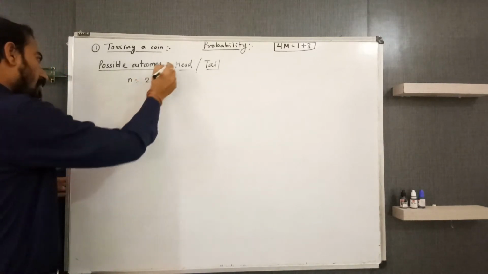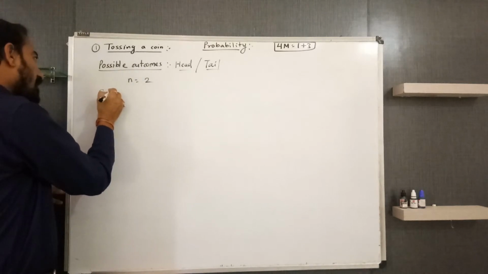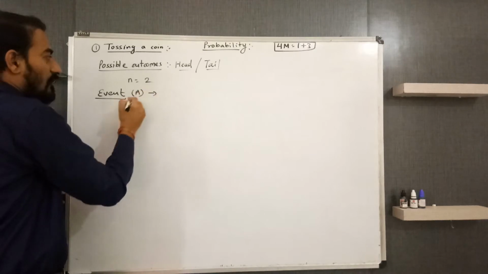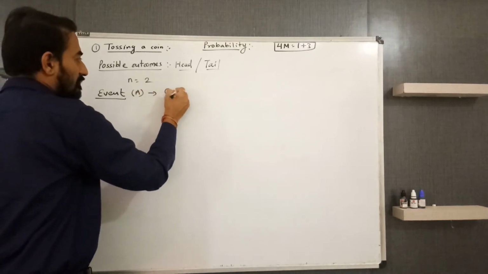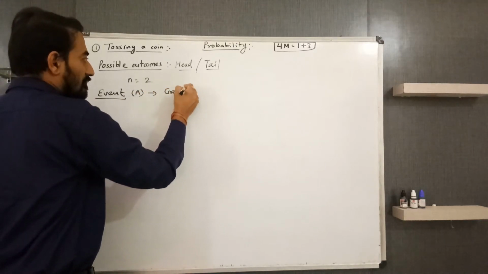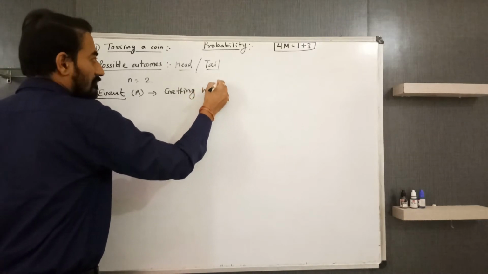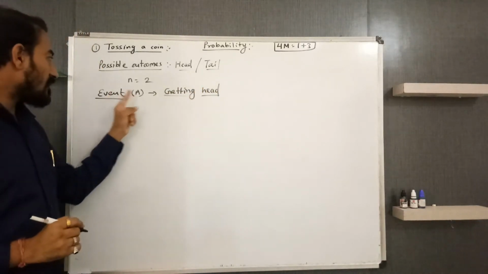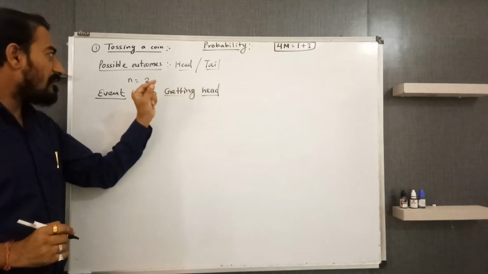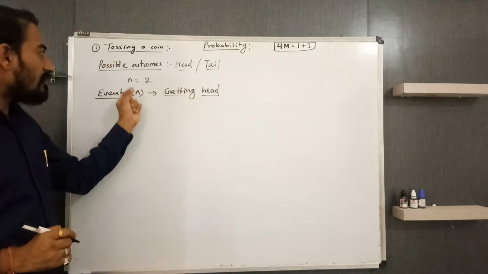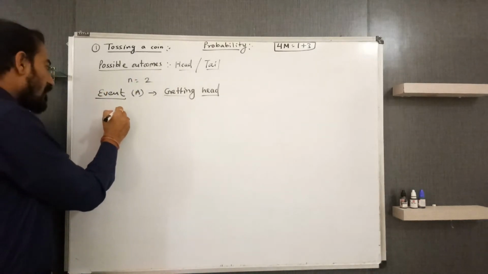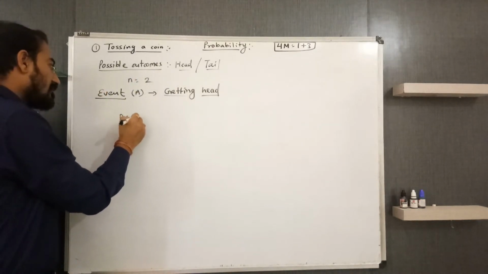Now, if our desired event A is getting head, means the coin turns up head, then what is the probability of this event?